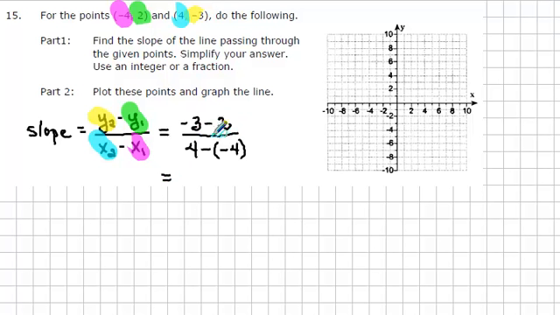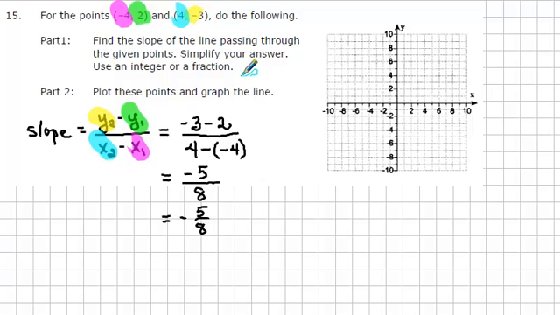And then we carefully simplify. -3 minus 2 is -5. And 4 minus -4 is 8. So the slope of the line is -5 over 8. -5/8 is the slope of the line.